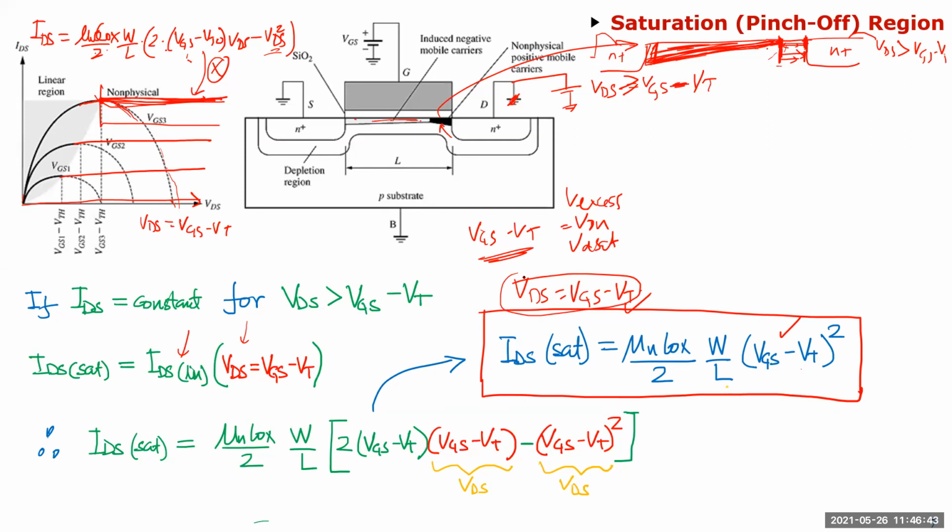This whole pinch-off region is very counterintuitive. Sometimes you just have to take it for granted, because the way I explained it, there are a lot of holes in it. So if you start questioning it, then it becomes difficult. So that's why you just have to take it at one level.